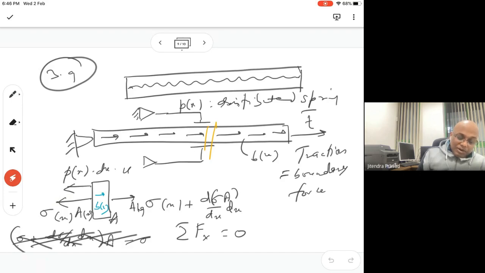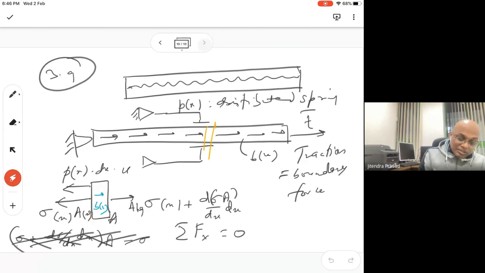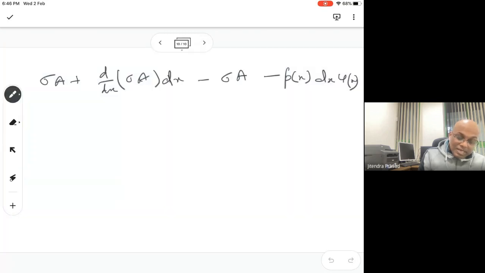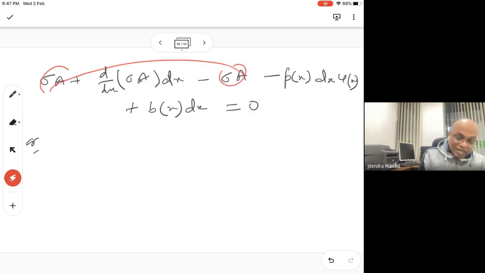Now what? We have the b_x term, which is in the x direction. So plus b_x, which is a distributed force. So b_x times dx we will write, and that is equal to 0. This will cancel out.